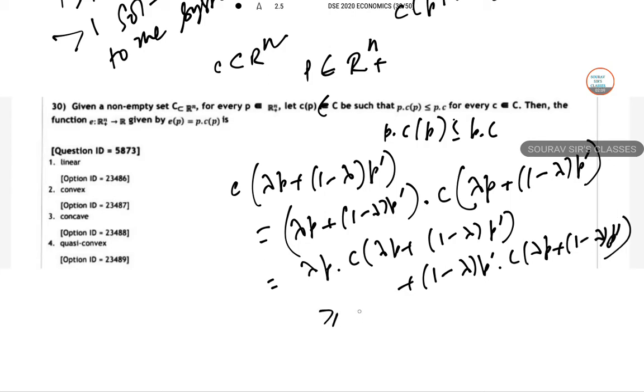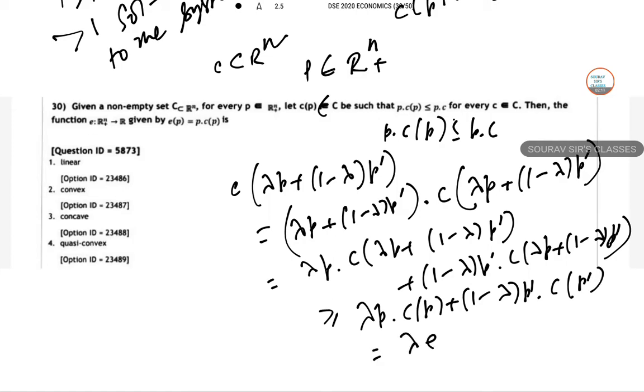So this is greater than or equal to lambda P dot C of P plus 1 minus lambda P prime dot C of P prime. As a result, this can be written as lambda E of P plus 1 minus lambda times E of P prime. So obviously this is a concave structure, so option C is correct.